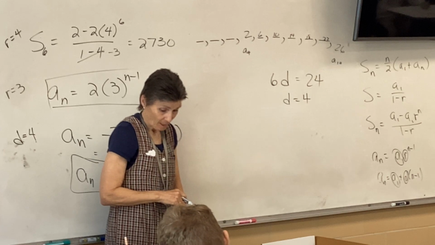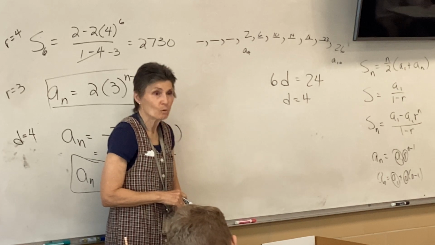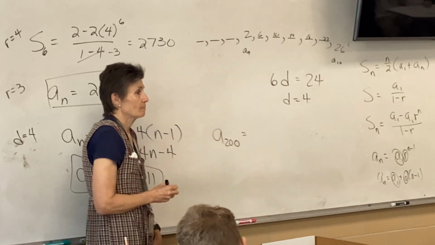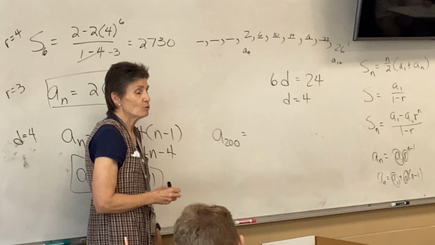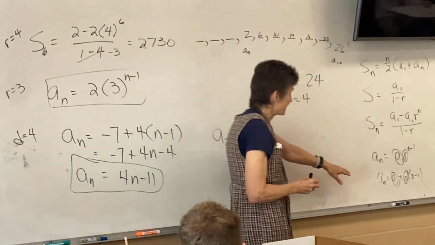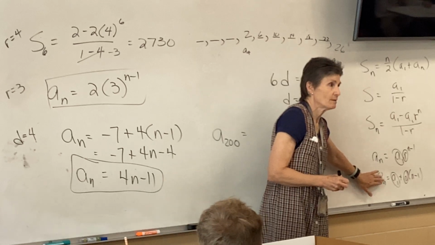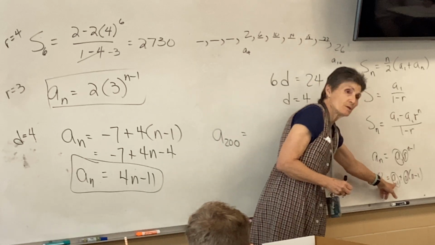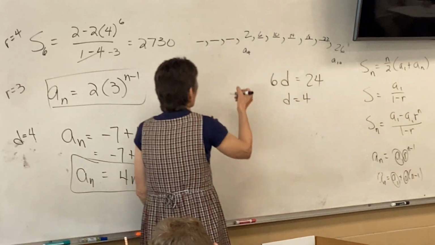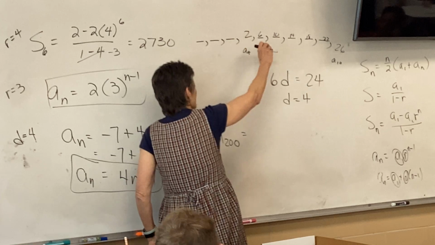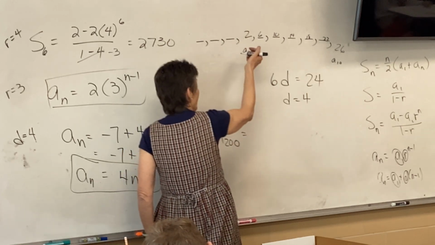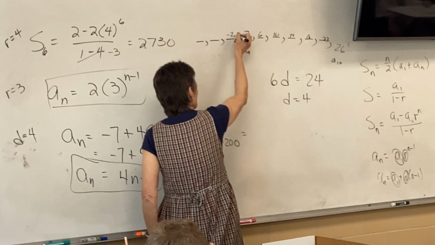But I need to find a sub 200. Now, a sub 200 of an arithmetic sequence would use this formula right here, right? What do I need to know to use this formula? First term, so now I'm gonna have to go the other direction. So remember, to go that way, you added 4. So going this way, I will have to subtract 4.